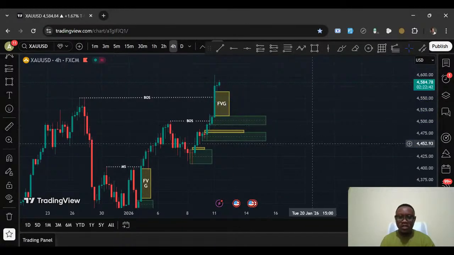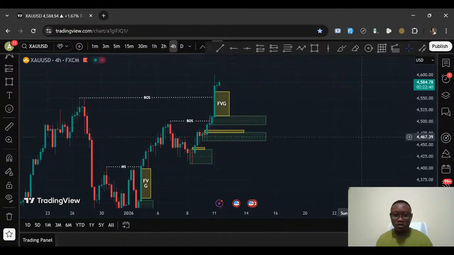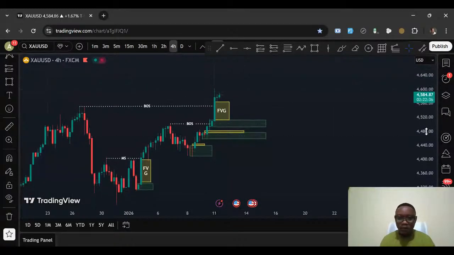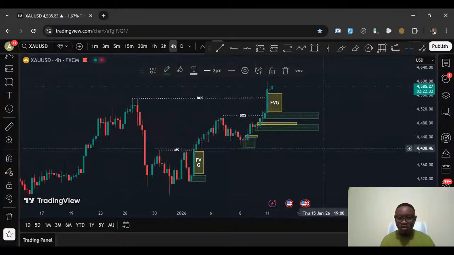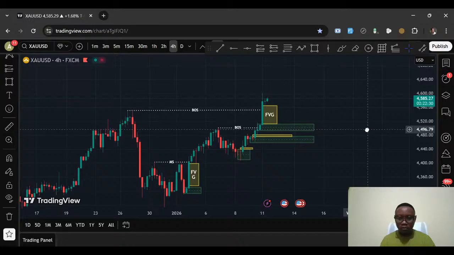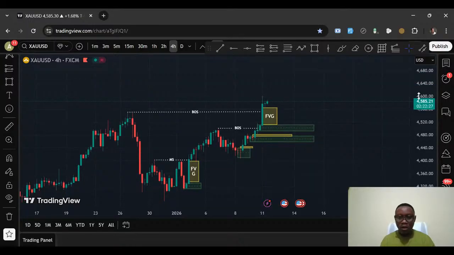All right. So now I have this. So that is all the zones I can see on the 4H time frame, right? So let's continue. Let's drop down to the 2H time frame to further refine the zone.